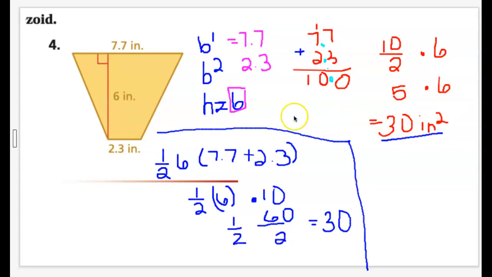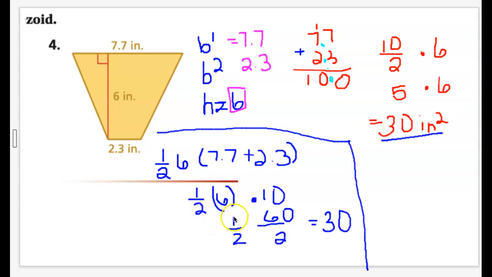Now if we use the other formula, 1/2 the height multiplied by base 1 plus base 2, we do get the same answer. We do the parentheses first, and we find that 7 7/10 plus 2 3/10 equals 10. We rewrite it and substitute 1/2 of 6, the height, times that sum, 10, which gives us 60.